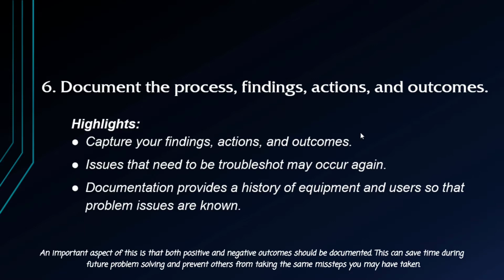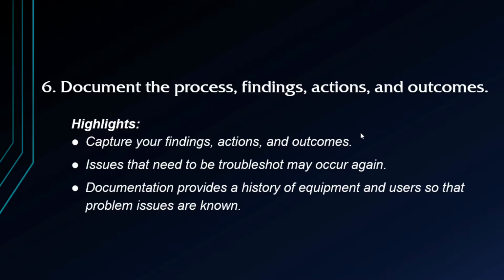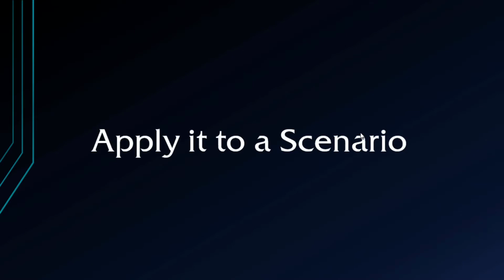An important aspect of this is that both positive and negative outcomes should be documented. This can save time during future problem solving and prevent others from taking the same missteps that you may have taken. Now that we have discussed all that, we're going to apply it to a scenario.